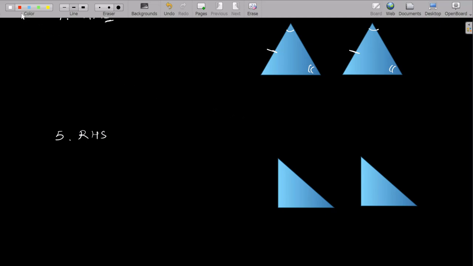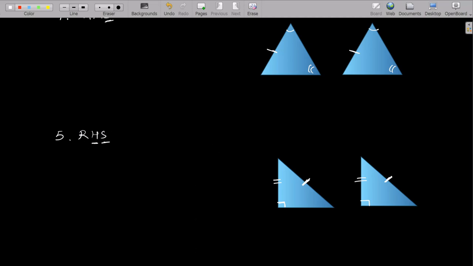If you have two right triangles, obviously you will have one right angle, so this angle will be congruent. If H stands for hypotenuse, and you see that the hypotenuse of both the triangles is also congruent, and S stands for side, so any other side you take, this one or this one, let's say this one is congruent to this one, then we can say that these two triangles will be congruent by the RHS rule.